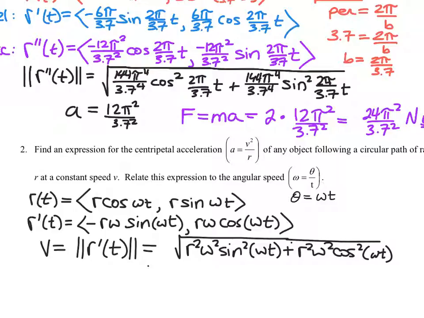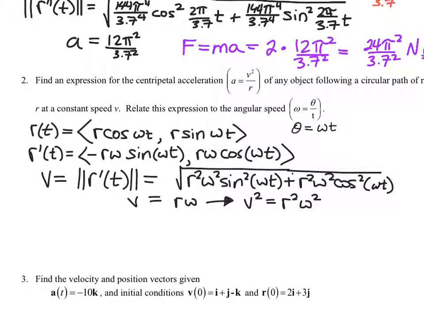I can factor out the r squared omega squared, because sine squared plus cosine squared is going to 1. But like I said, ultimately I need v squared, so that's going to be r squared omega squared.